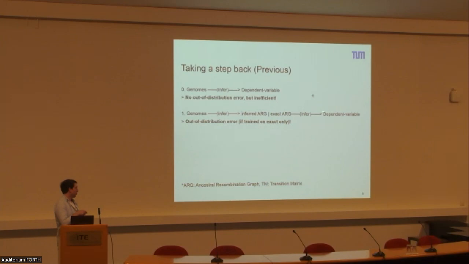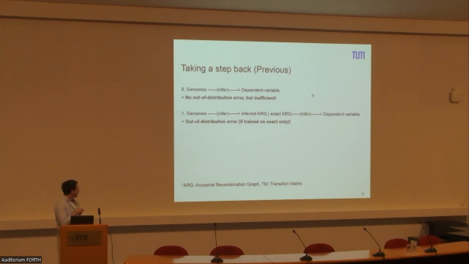And demography here means multiple time points in the past, and not a single value, but approximately 40 values of demographic change. The overall idea was that we'll just use ARGweaver or some other ARG inference method to get our inferred ARG, and then use that during inference to get our dependent variable.